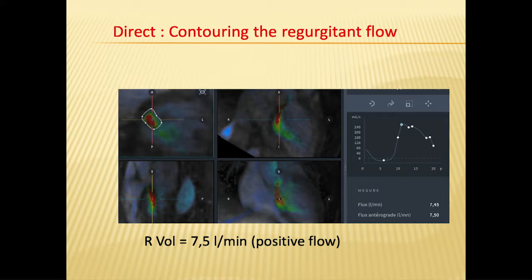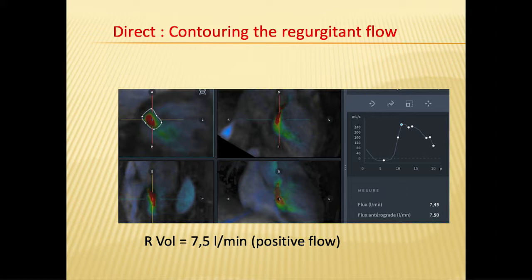Generally, you are not too close to the starting point of the leak, because in my experience the measurement is not correct. You don't have to go too far either, because you have some mixed flows, for example with a mitral inflow. So you just trace your ROI, following the ROI over the cardiac cycle.